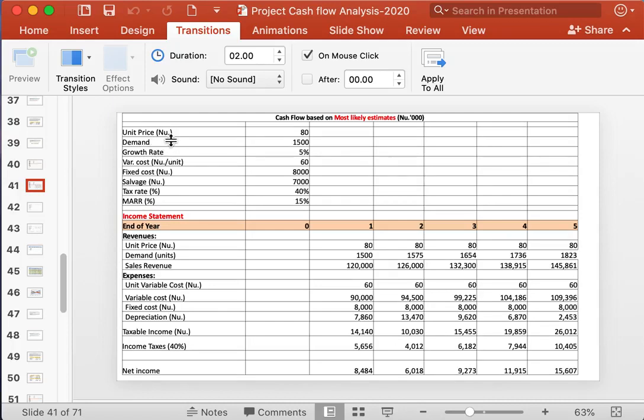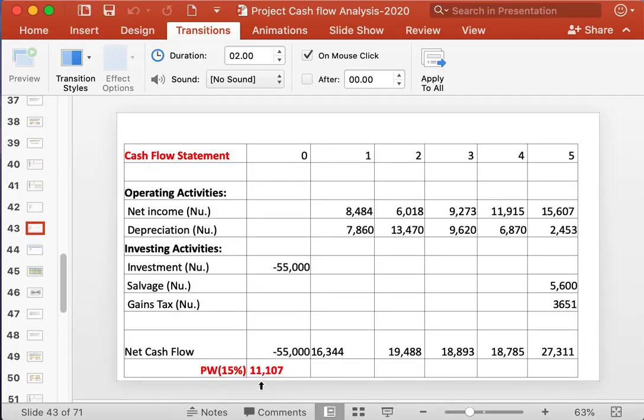So similarly, growth rate and unit price may be related, they might be dependent upon each other, or maybe all of them may be dependent on each other in a complex way, which is, by the way, very difficult to describe. And the interdependencies among all the input variables combined might be affecting the net present worth.